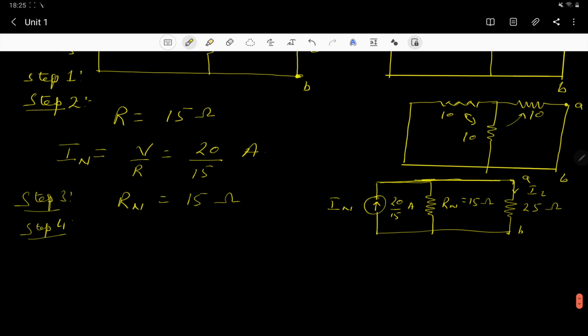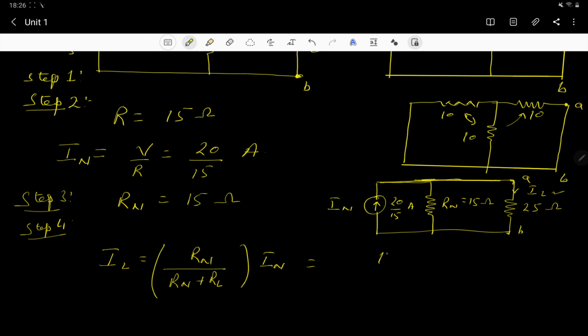Now we are going to find out the total current over here. So after applying the current division rule, we can find out IL. IL will be the resistance in the other branch, Rn, upon the total resistance, that is Rn plus RL, into the total current, which is In.